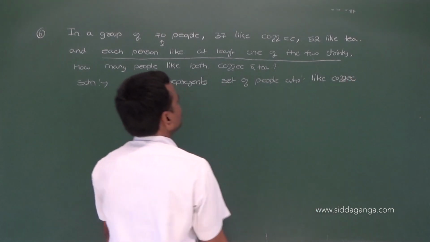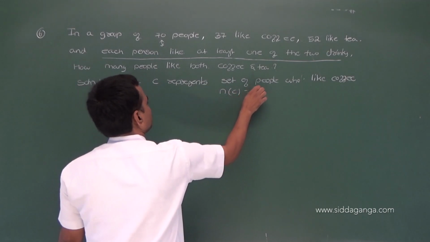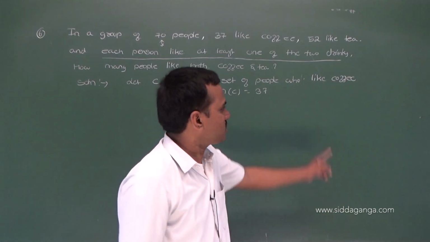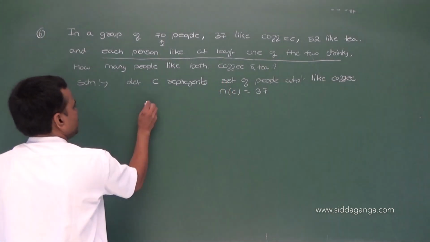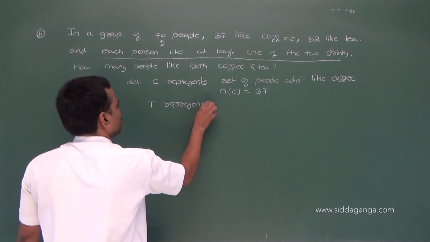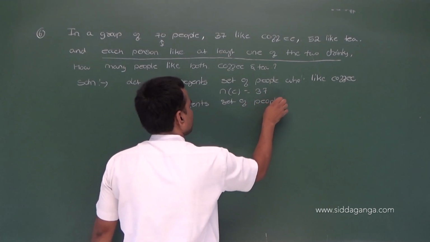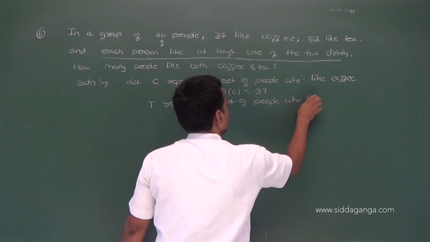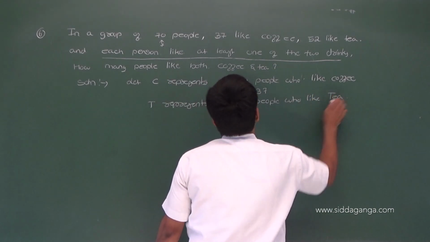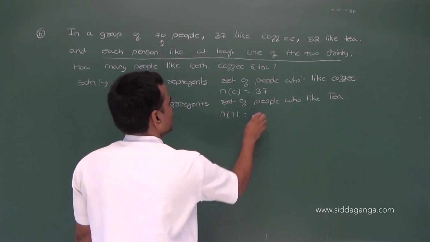If you want, you can take the A set also, no problem. Then n of C is 37. T represents the set of people who like tea. n of T is how much? 52.